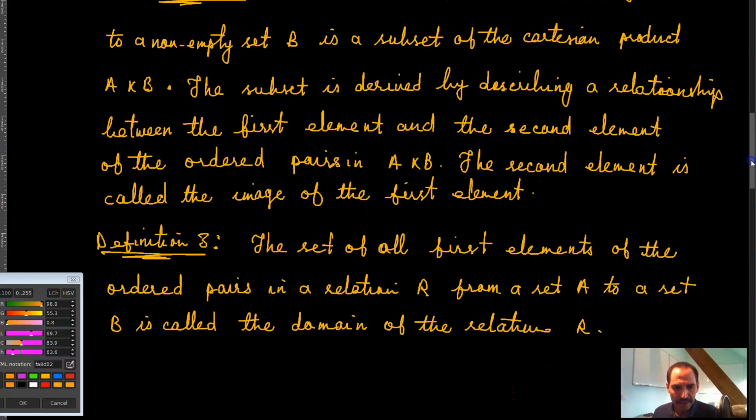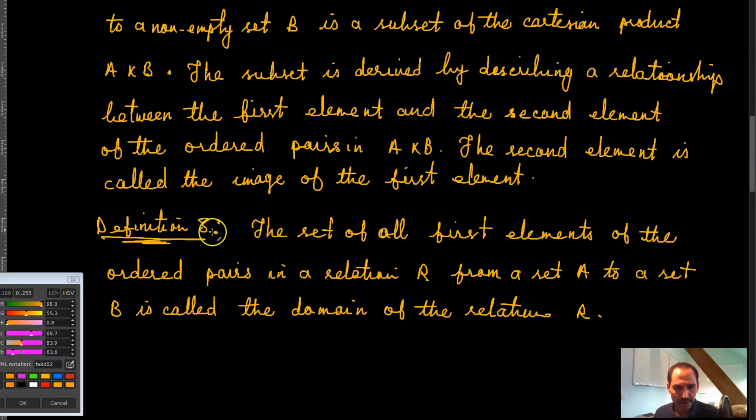Now, the second definition, which was definition number 3, we said that the set of all first elements of the ordered pairs in a relation R from a set A to a set B is called the domain of the relation.